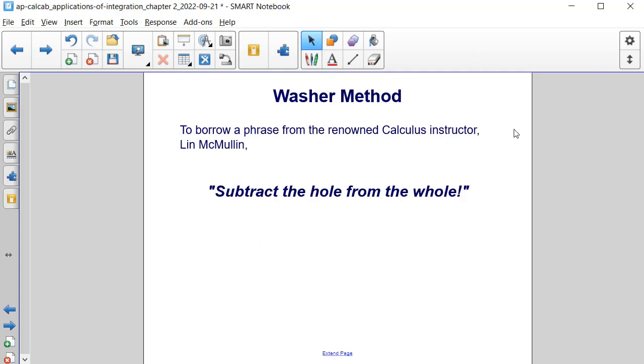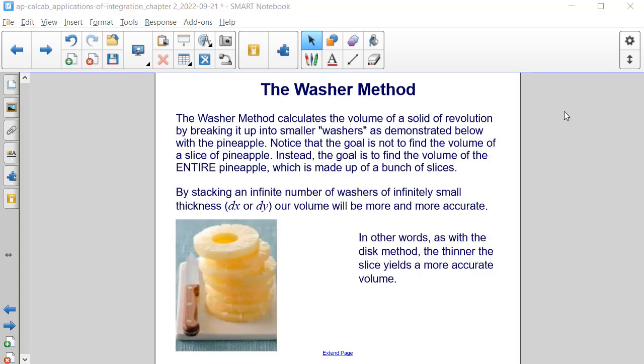To borrow a phrase from a renowned calculus instructor, Lynn McMullen, in order to find the volume using the washer method, you subtract the whole from the whole, in terms of the whole thing. So the washer method calculates the volume of a solid of revolution by breaking it up into smaller washers, as demonstrated below with this pineapple in the picture. Notice that the goal is not to find the volume of a slice of pineapple.